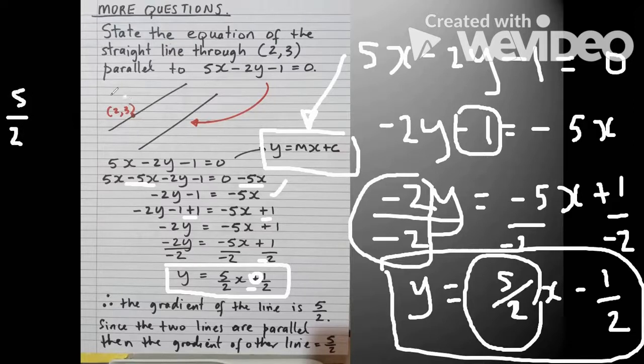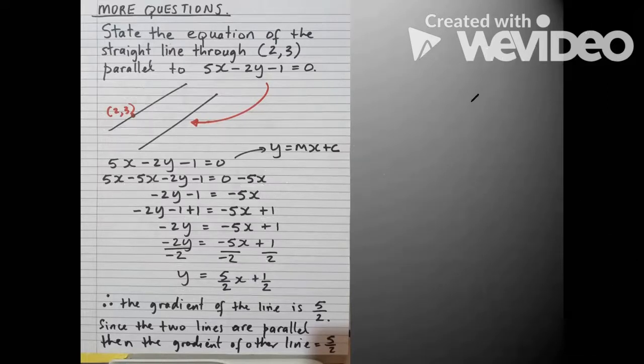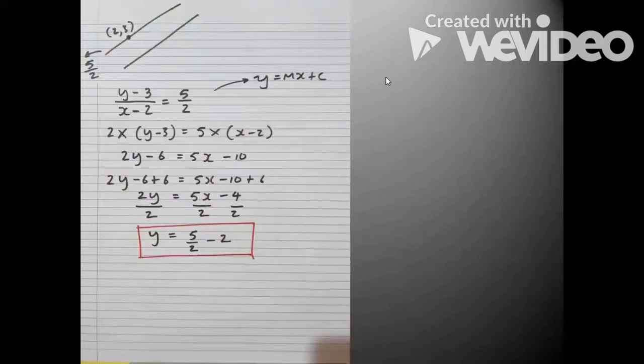So we have a point and we have a gradient. So we're going to find the equation of this line here. All right? I think I worked it out over here.